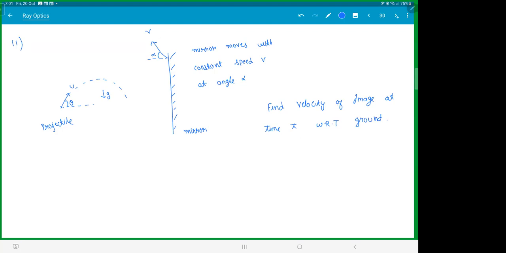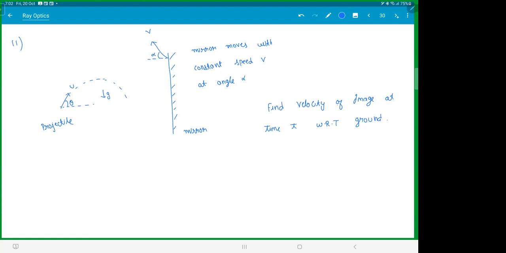Let's get this. How do we do this? The mirror is going at a constant speed.